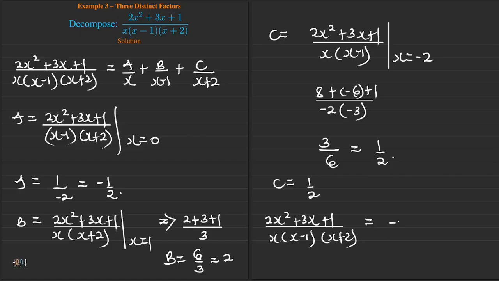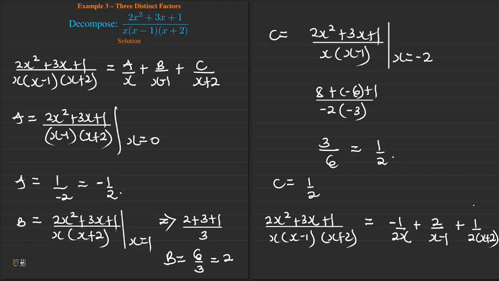So we have negative 1 over 2x. Then our b, so plus, b was negative 2, so we have 2 over x minus 1. And then plus our c, which is 1 over 2, so 1 over 2 into bracket x plus 2. As simple as that. By now, I want to believe you can quickly check your answer.